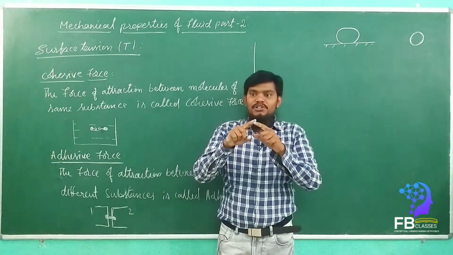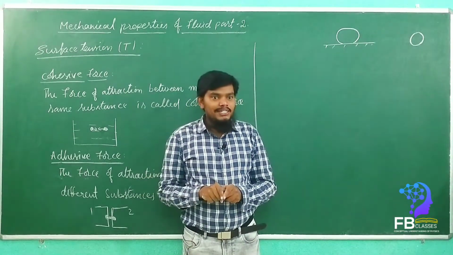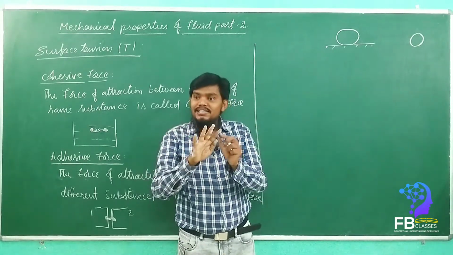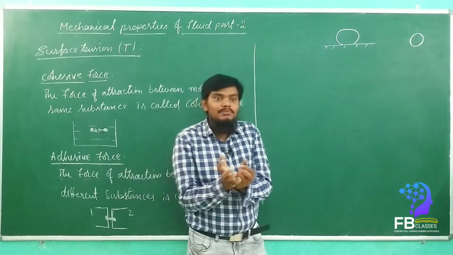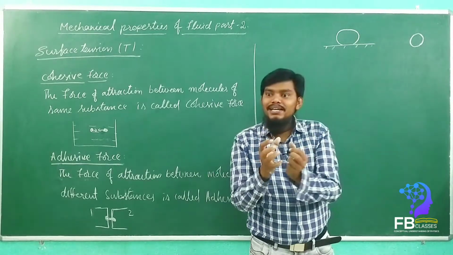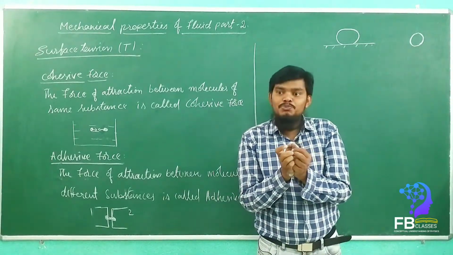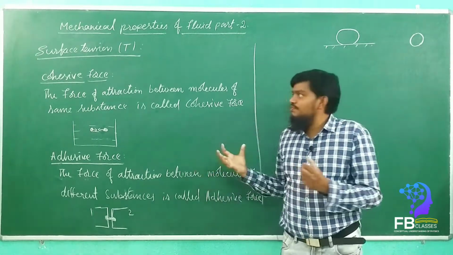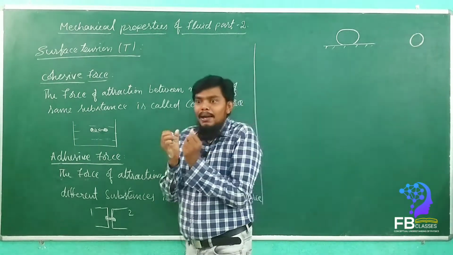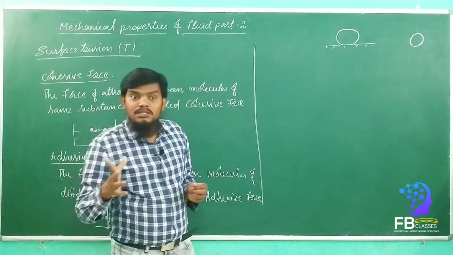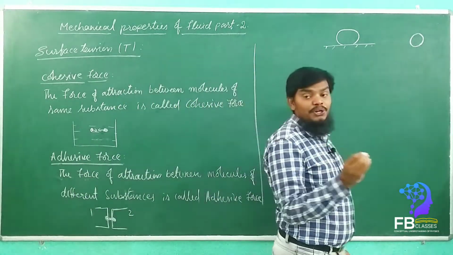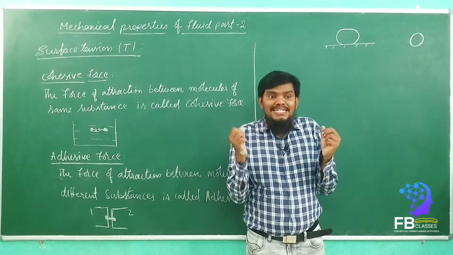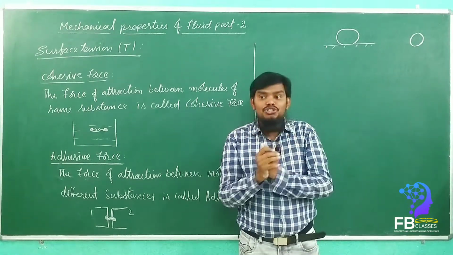Yes or no? For example, if you take a rectangular paper and want its area to be minimum, then what do we have to do? We have to make it in the form of a circle. Then only the area will be minimum. So all liquids want their area to be minimum. Why? Because all liquids, all fluids, have to maintain minimum energy.